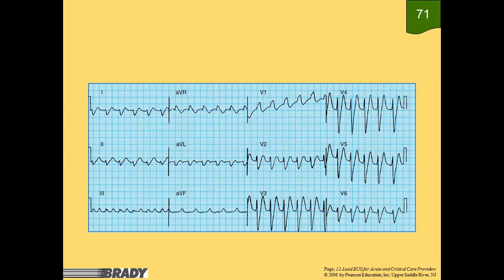So looking at our chart, or if we've got it from memory, we can see that 1 down, 2 down, and lead 3 up is a posterior hemiblock. But we're up in V1, so it's down, down, up, down. V1 is up, so we've got right axis deviation, and we've got the hemiblock.